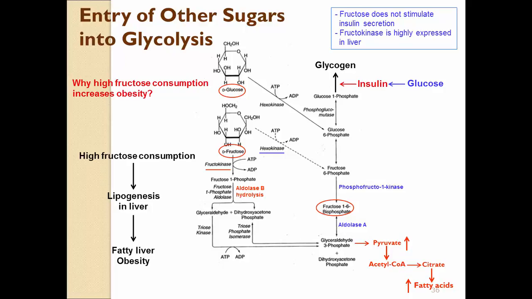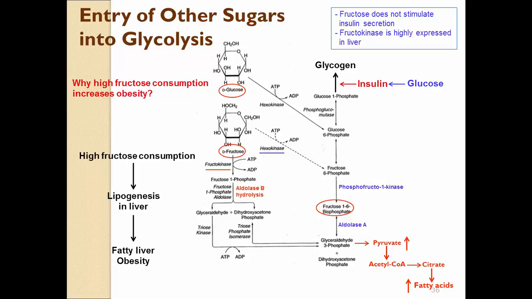This is another mechanism to reduce the burden of glucose: you store glucose as glycogen, and this process is promoted by insulin. But fructose does not stimulate insulin, so this process will not happen in the liver when you consume a lot of fructose.